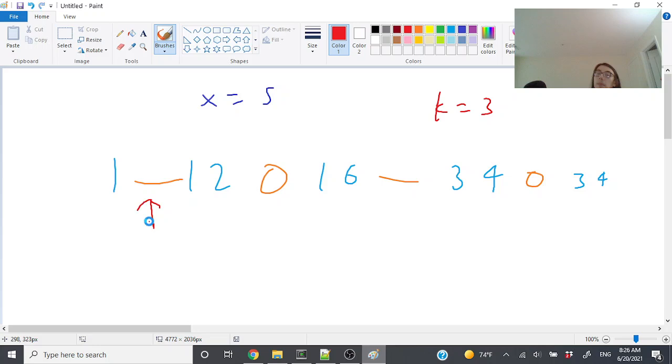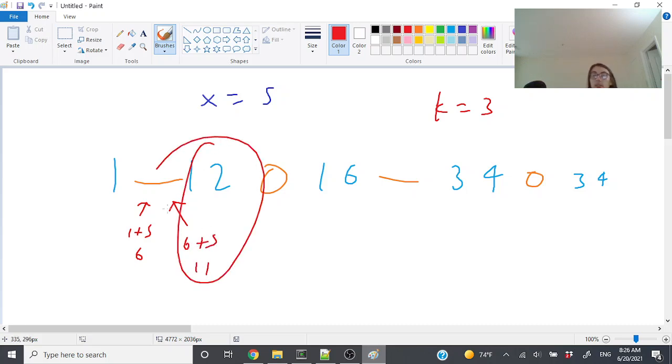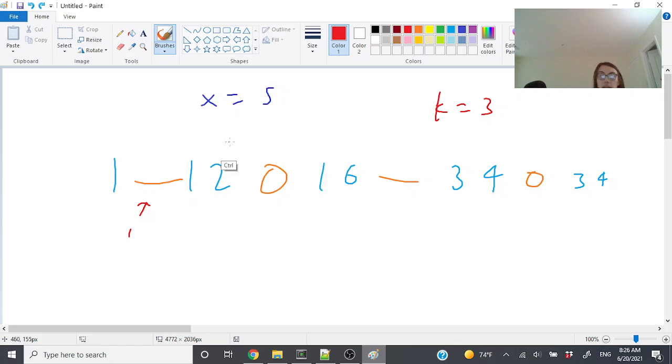So to make 2 people in the same group, we need to insert elements so that they become close enough. The best thing to do is, if we want 1 to be close to 12, first we insert 1 plus 5, which is 6. Then we insert 6 plus 5, which is 11. And then 11 is close enough, so this works. So how many elements do we need to insert? Well, it's the value such that... let's take the difference. 12 minus 1 is equal to 11.